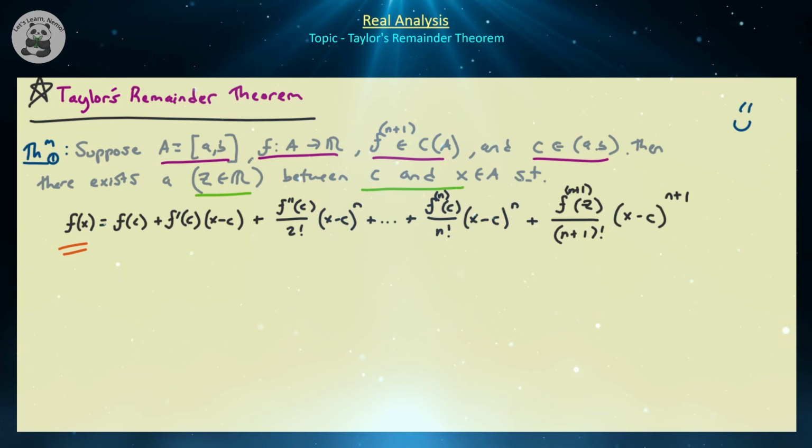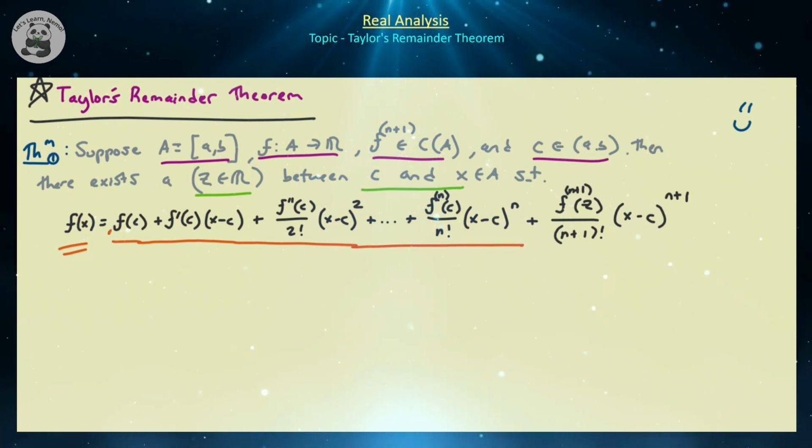So we're expressing f of x as a polynomial. Here we have a 0th degree polynomial, a 1st degree polynomial, a 2nd degree polynomial, and so on, all the way up to an nth degree polynomial.